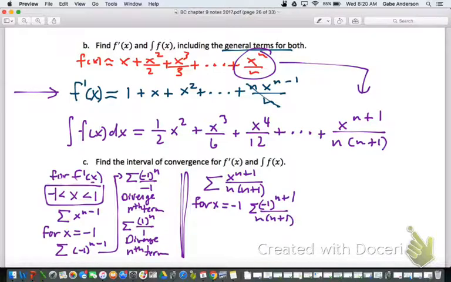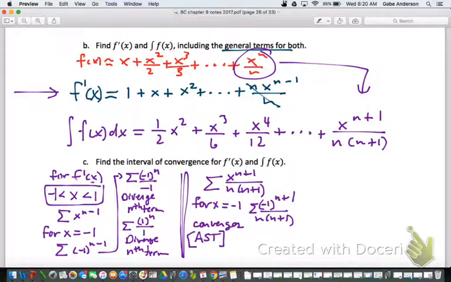So this would be an alternating series, and the terms would be decreasing in absolute value to 0. And so I think we would have a closed interval. So we would say this converges because of the alternating series test.